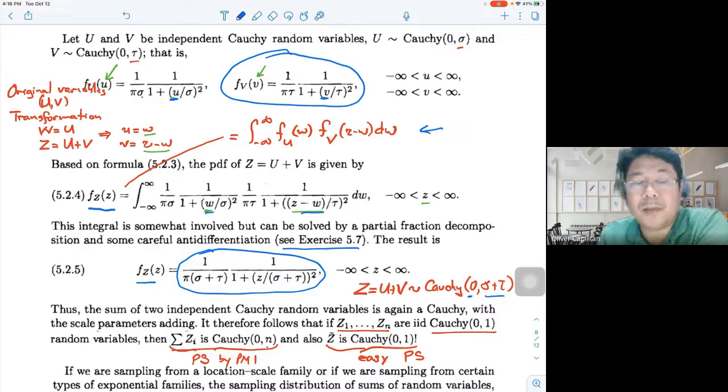So the scale parameter, we add the scale parameter. Pero yung ating location parameter is actually a constant 0. Cauchy. Pero ano yung goal din natin dito? We're not only looking for the distribution of the sum of these two random variables u and v, but we want also to determine the distribution of the sample mean, the z bar.